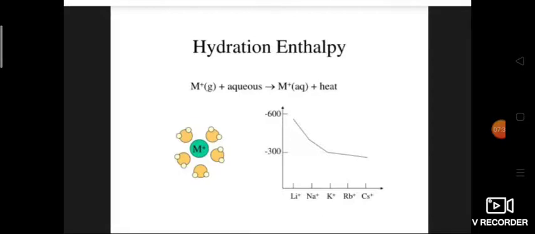So lithium possesses the maximum degree of hydration enthalpy.